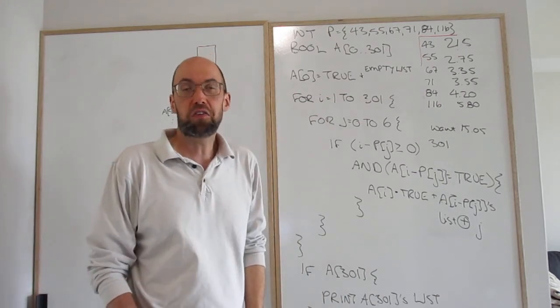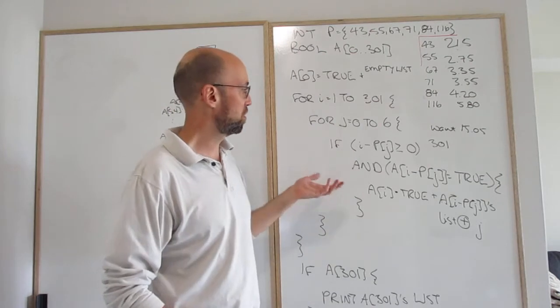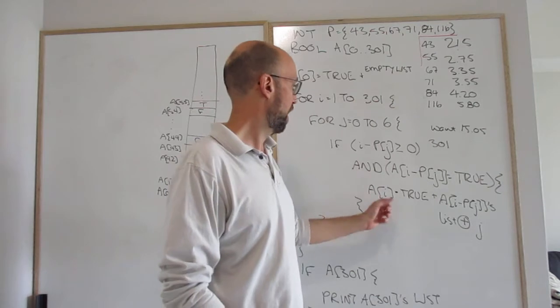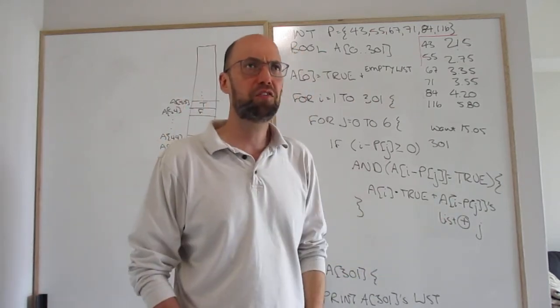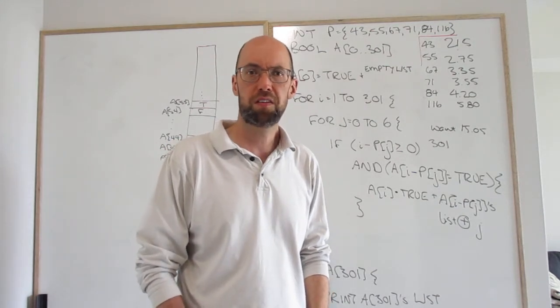So say there are m prices. This is an array lookup, and then this is just an assignment. So this is going to take something like n times m, right?